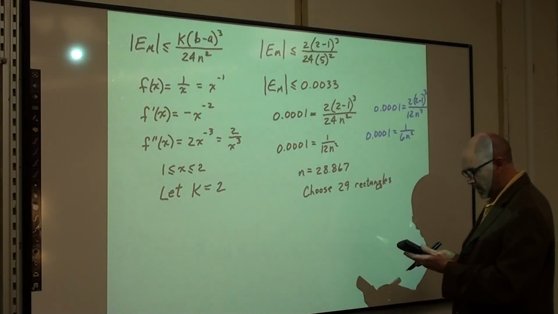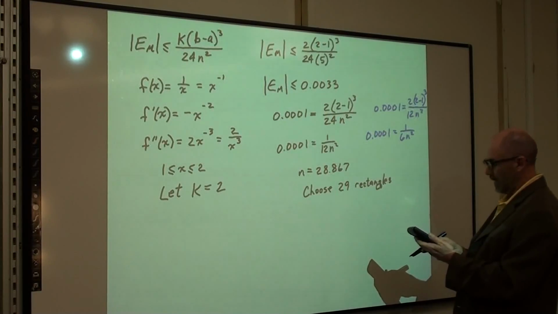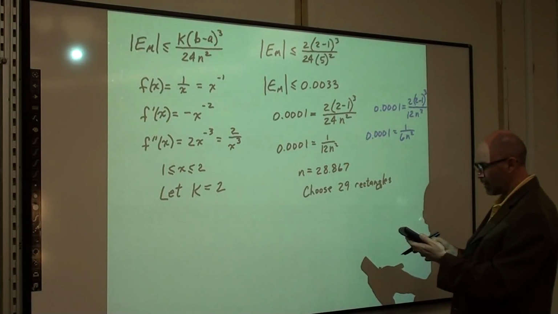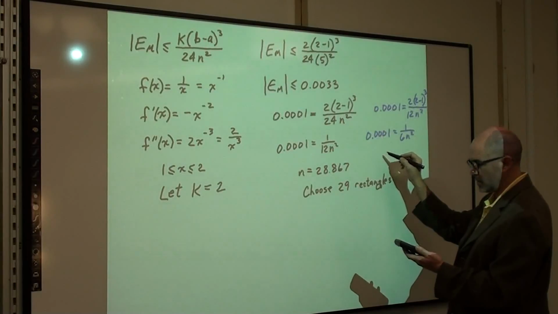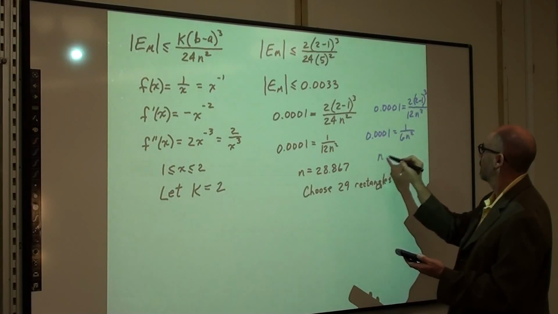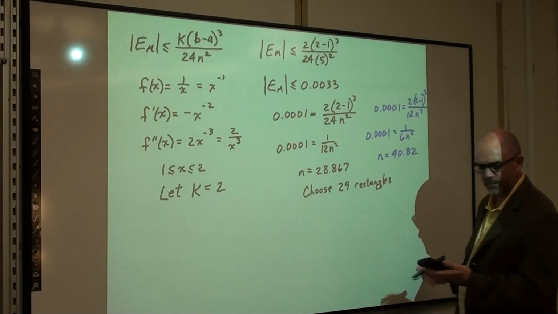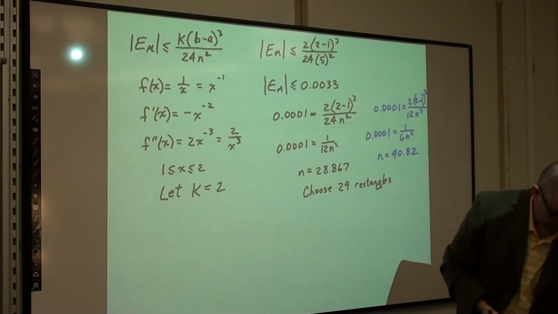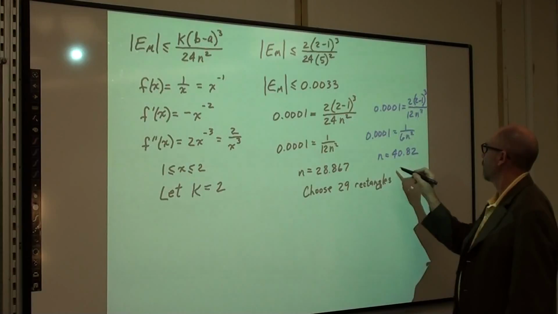So, I punch in my 0.0001, then multiply by 6, then reciprocate the whole thing, so that's n squared equals what's in my calculator, and then I take the square root of the whole thing, and I get 40.82. Yeah, so that means I'm going to need 41 rectangles.